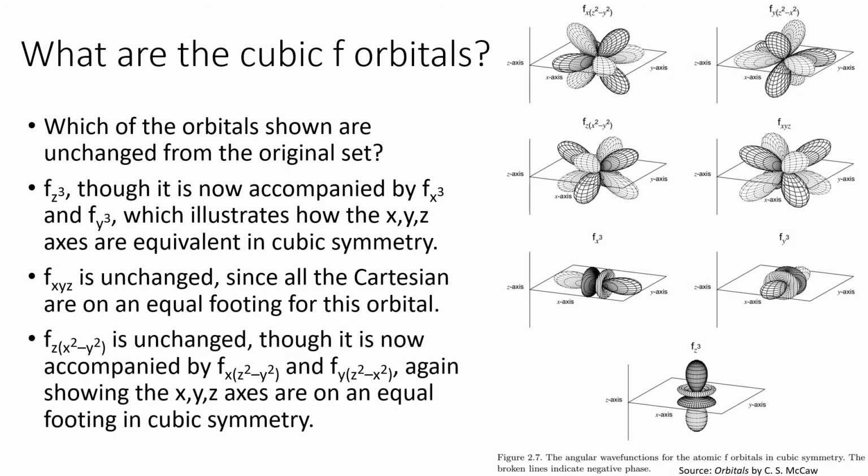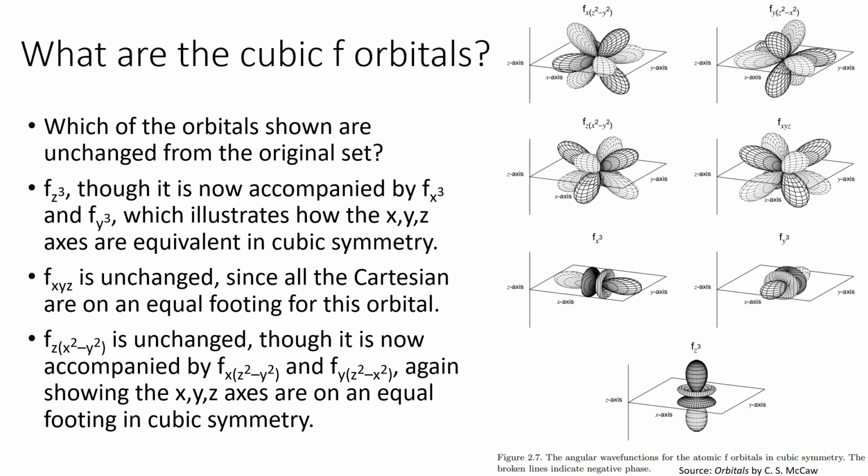And the other one that's unchanged is second down on the left hand side, fz(x squared minus y squared). We had that before as well. But if you look at some of the new ones that have cropped up, look at the two at the top.